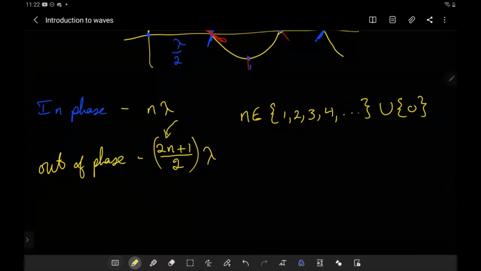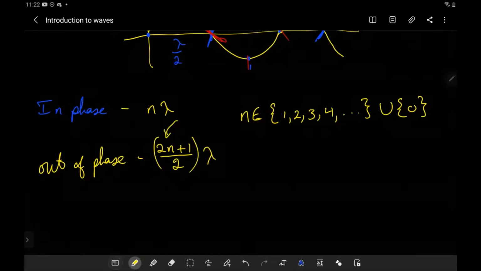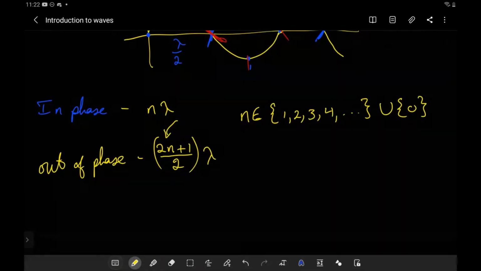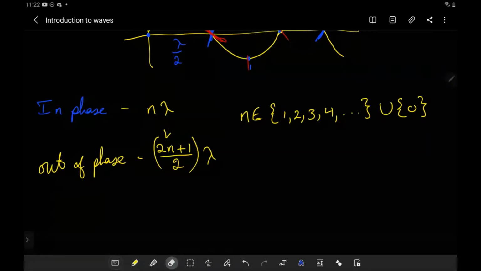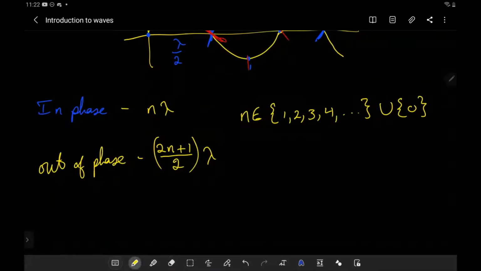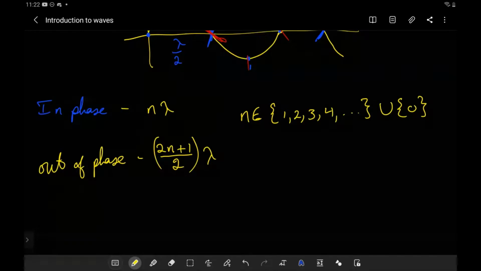Right? And notice that 2n is always even. Because if n is 1, 2 by 1 is 2, then add 1 is 3. Let's take a random number, say 40. 2 by 40 is 80, plus 1 is 81, which is odd. So this would actually work. This is an odd number over 2. So once you have an odd number of half wavelengths, a half wavelength, three halves wavelength, 5 halves wavelength, and so on, you will get out of phase points, right?